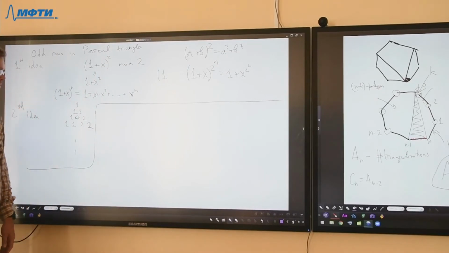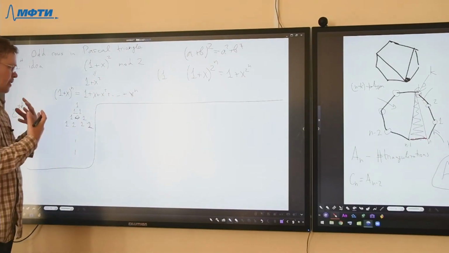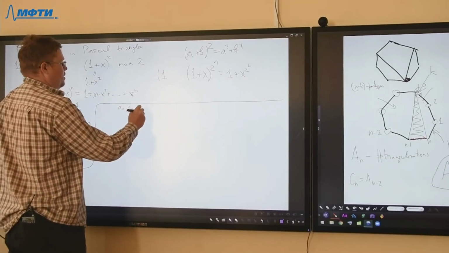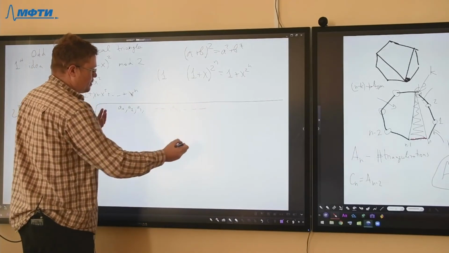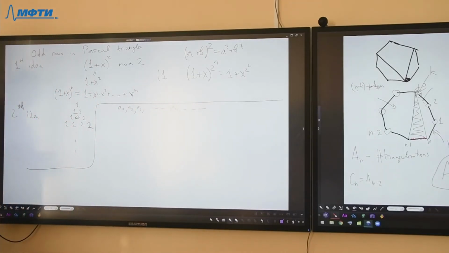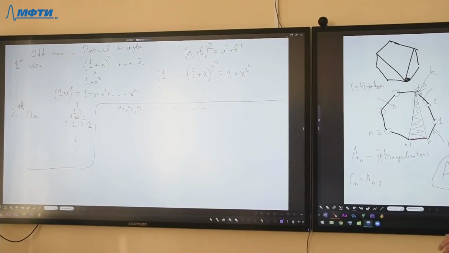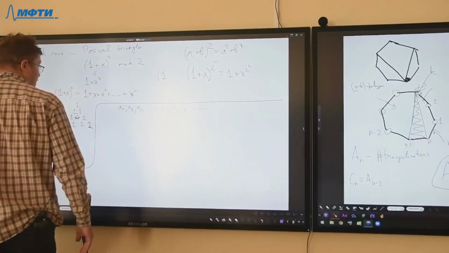We have, so right now we try to analyze the sequences. In combinatorics, we often have some series of numbers, and we want to find the explicit formula, or just the behavior of this a_n, or an upper bound or lower bound for a_n.